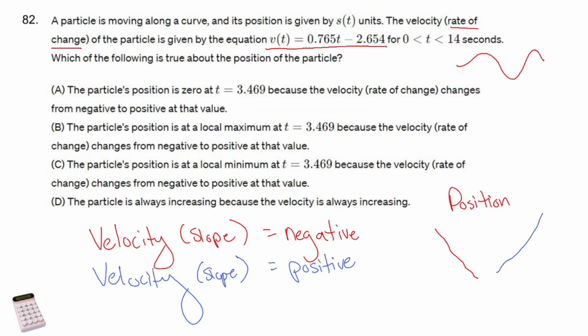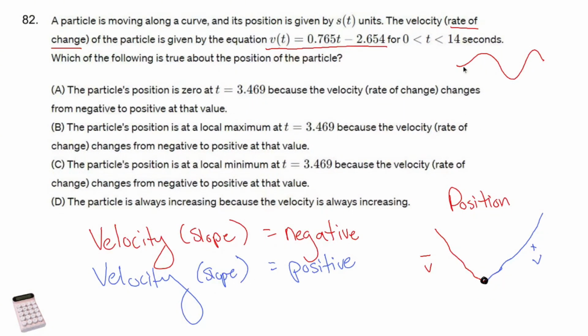So there's two things that we're looking at here. One thing is this picture that I drew here. Thing number one is if you have a negative velocity, a negative v, and then all of a sudden it changes to a positive velocity, positive v, you have yourself a minimum.